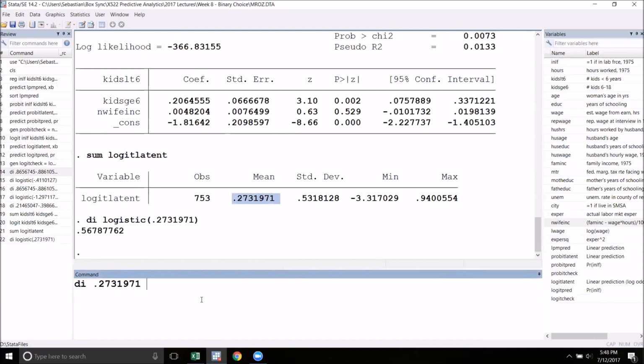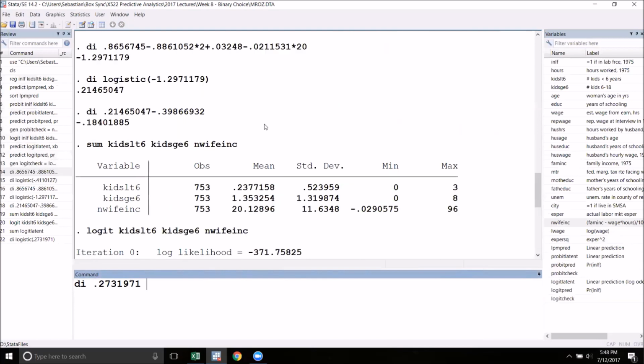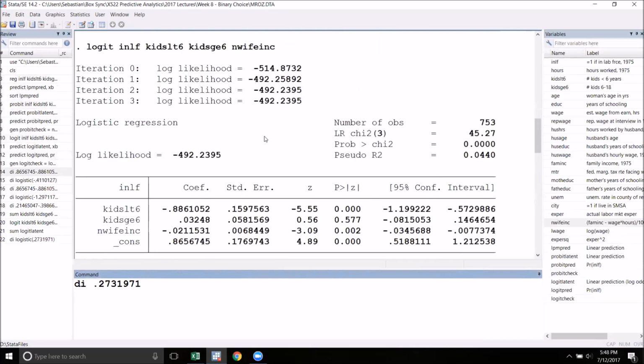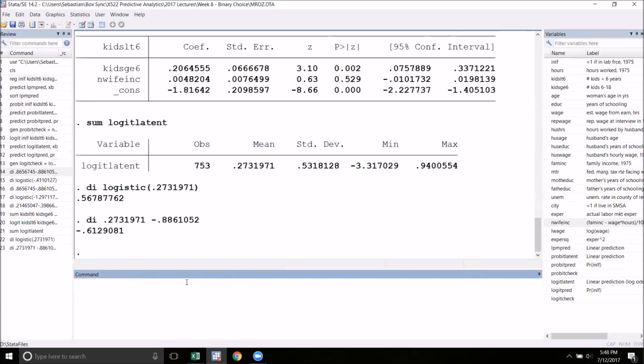If we were to add 1 child under 6 to this average person's family, we would get a new latent variable of the current one, and we go back to our Logit estimation, and we would subtract this coefficient for adding 1 more child. Now we calculate the probability using the logistic function.